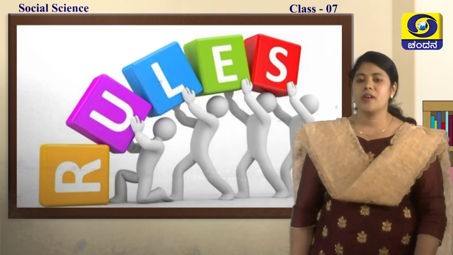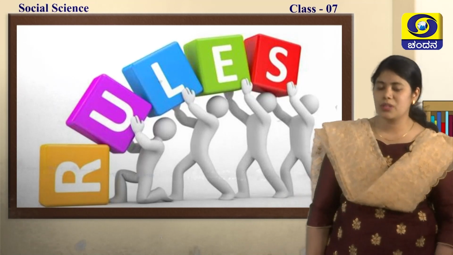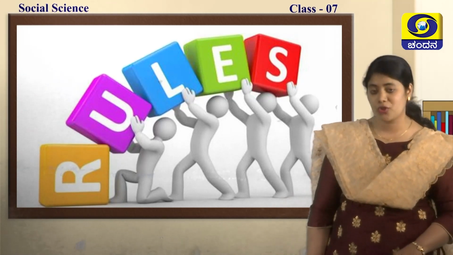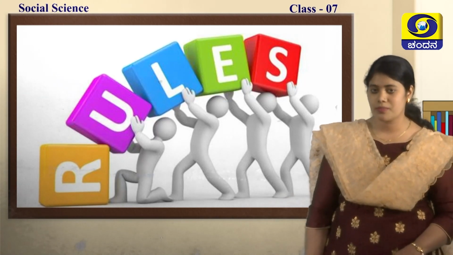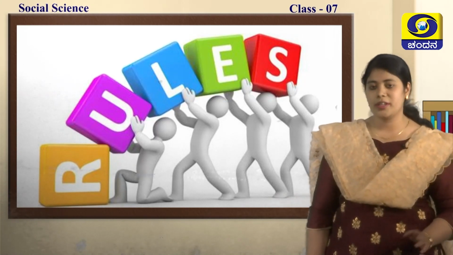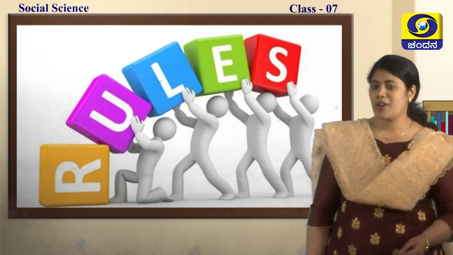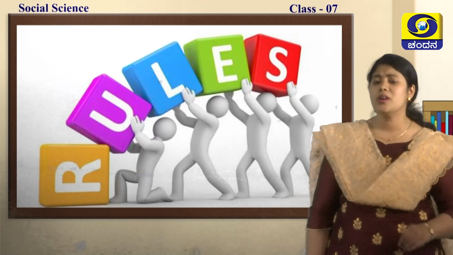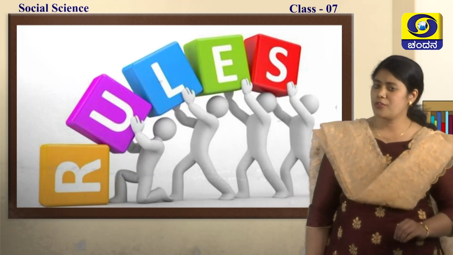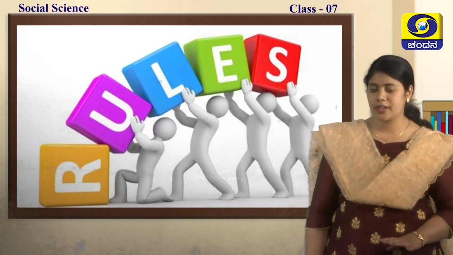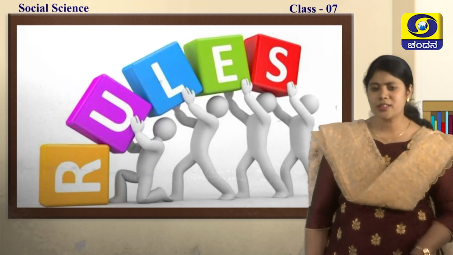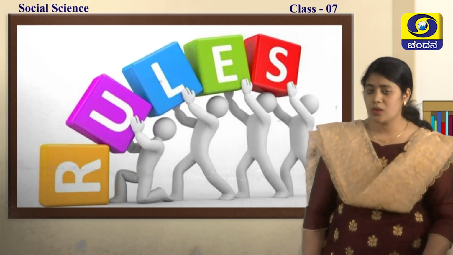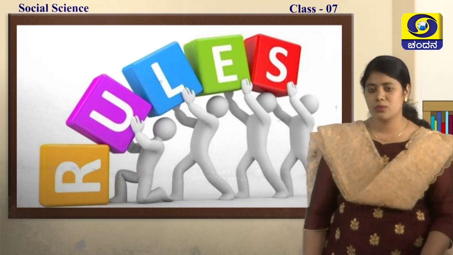See students, wherever we go, wherever we move, there are certain rules and regulations that we have to follow, right? Whether it is school, or in the family, we have to follow certain norms, right students? Don't you think, to be in a nation or to run a country, we need to follow certain rules and regulations?